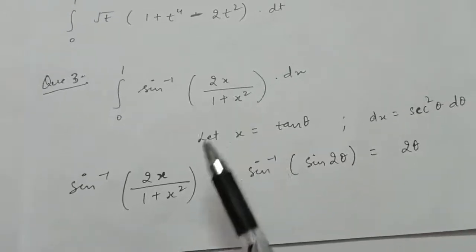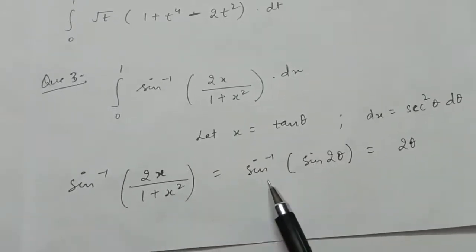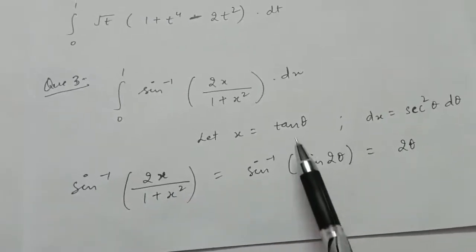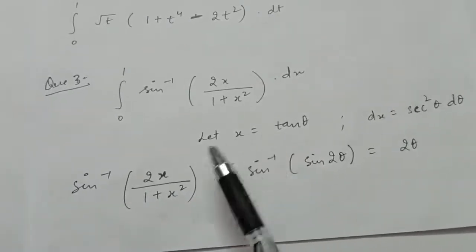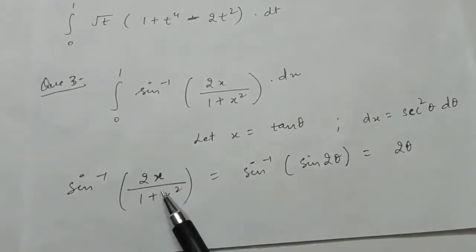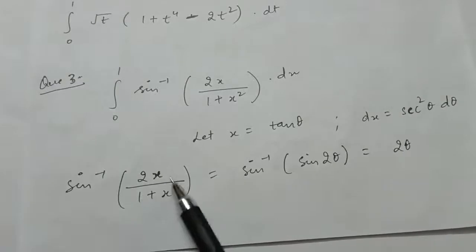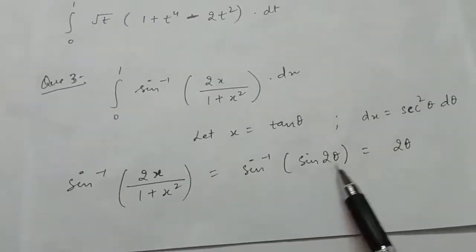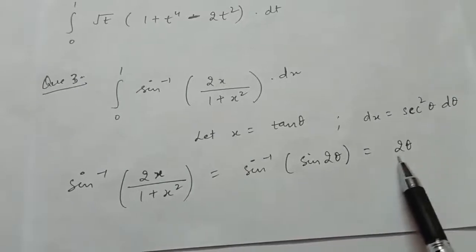Now this will become sine inverse of sine 2 theta when you put tan theta in place of x. I have already told in the previous lectures how this will be equal to sine 2 theta, so I am not explaining this again, and you will get this as equal to 2 theta.